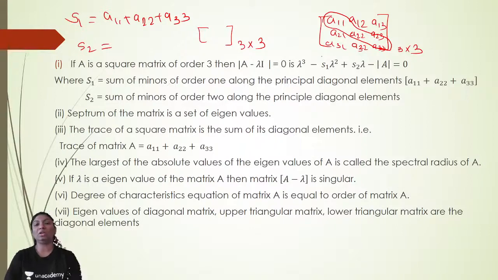S2 is equal to the sum of the minors of order 2 along the principal diagonal elements.